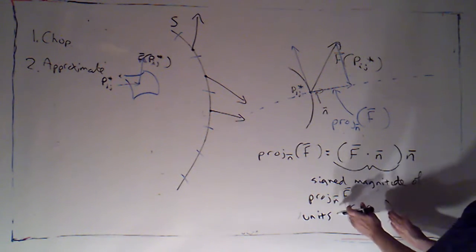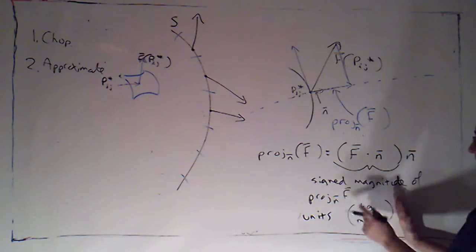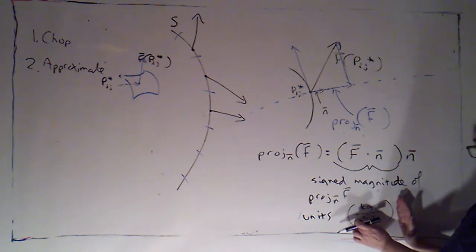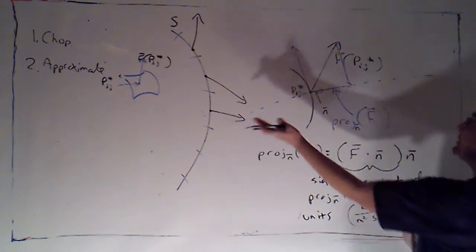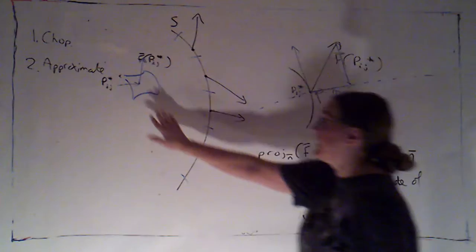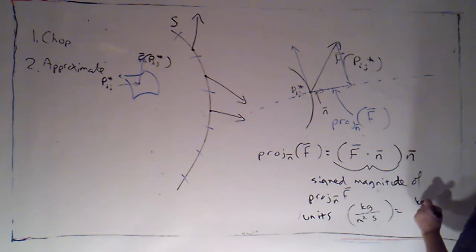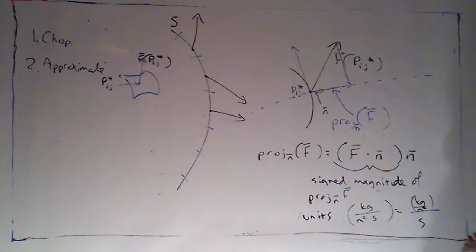Now, I'm treating it as if I've got this many kilograms per square meter per second flowing through this surface over this entire little patch of surface area. So I'm sort of thinking of this as kilograms per meter squared per second, like so. That many kilograms per square meter every second.